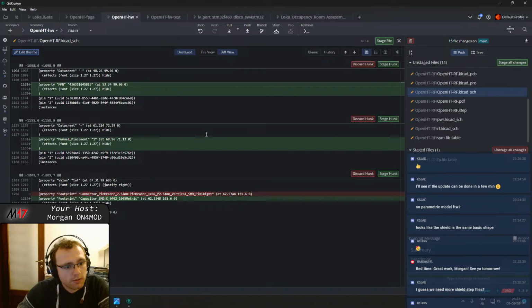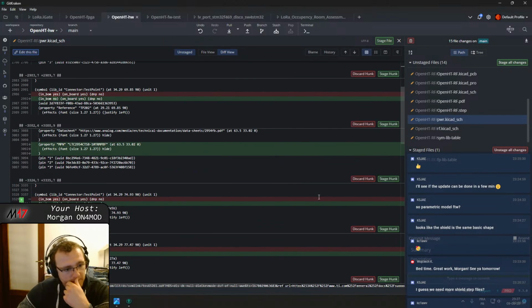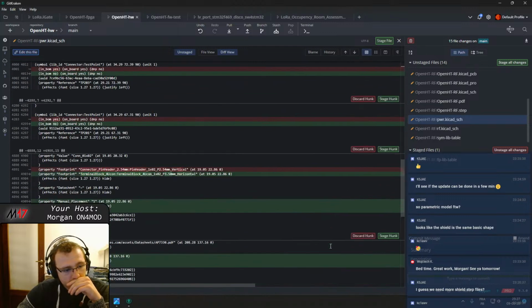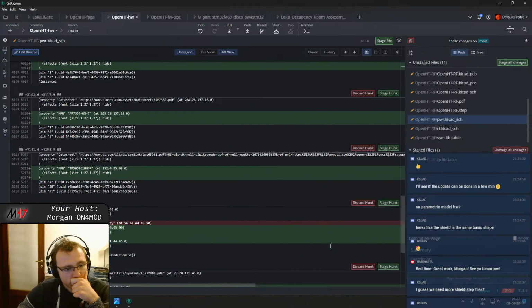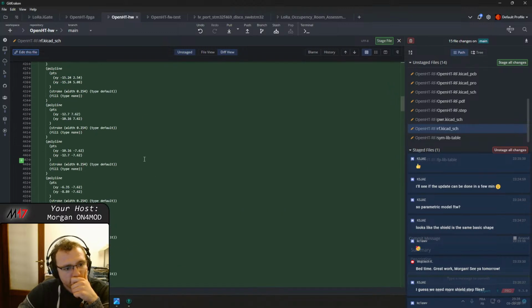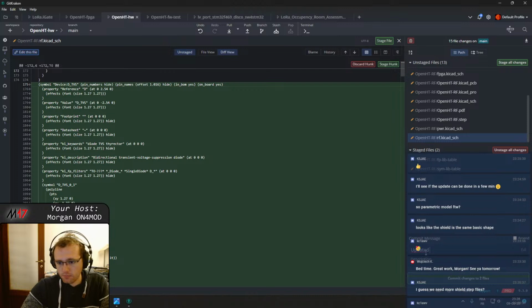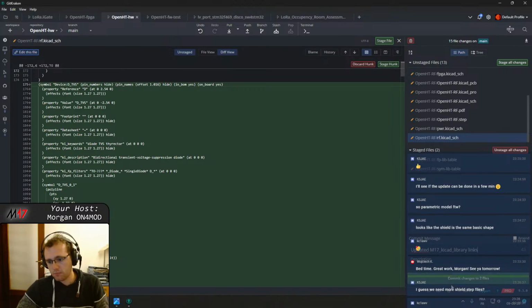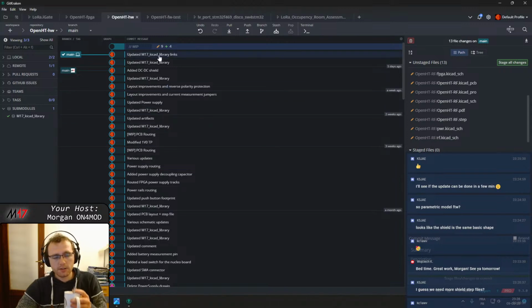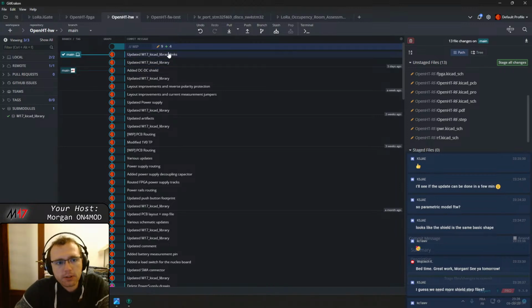Okay. So with this last commit that I did, I think you should be able to see the board with all its step models and so on.